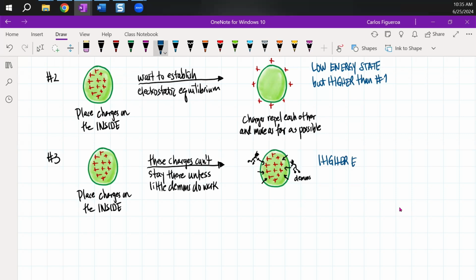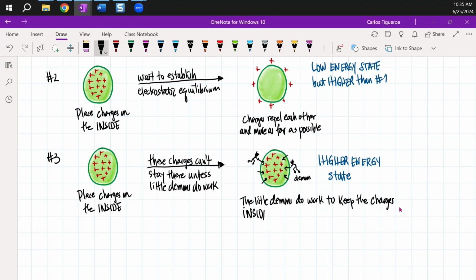this is a higher energy state. And the reason why it's a higher energy state is that the little demons do work to keep the charges inside the sphere.